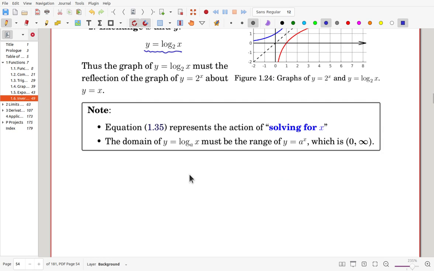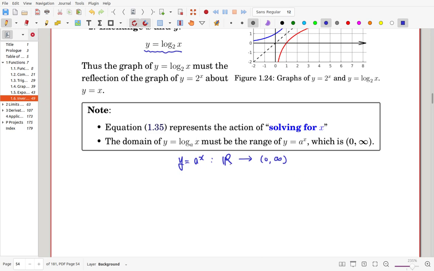Now, if you consider the domain and range of a logarithm function, it is quite simple. y equal a to the x admits the whole real numbers, and the range of this exponential function is from 0 to infinity, larger than 0.